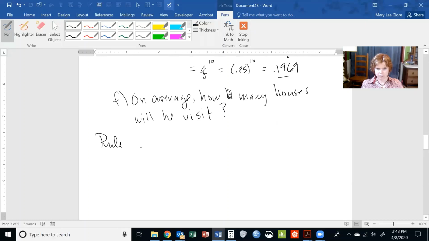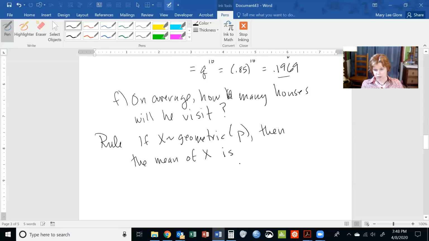If X has a geometric distribution with parameter p, then the mean of X, mu, is 1 over p.